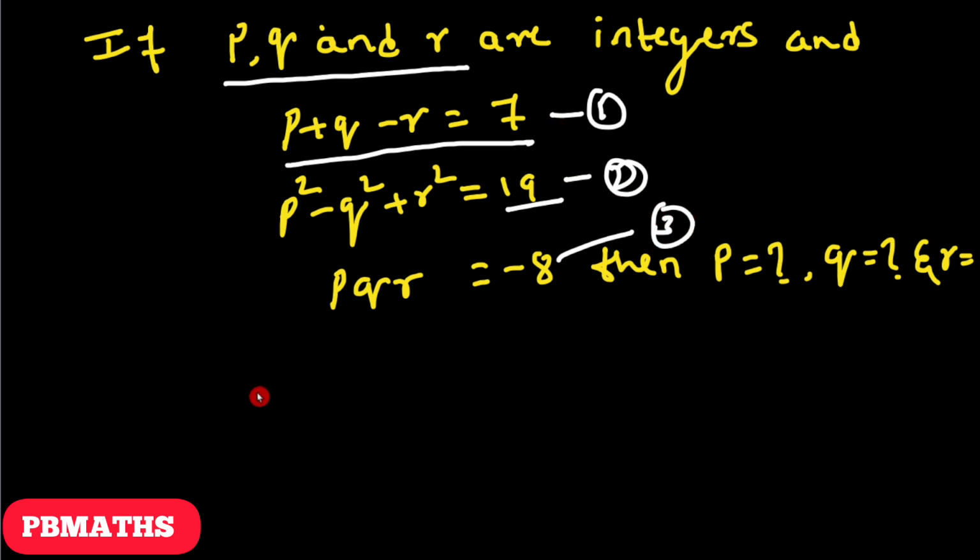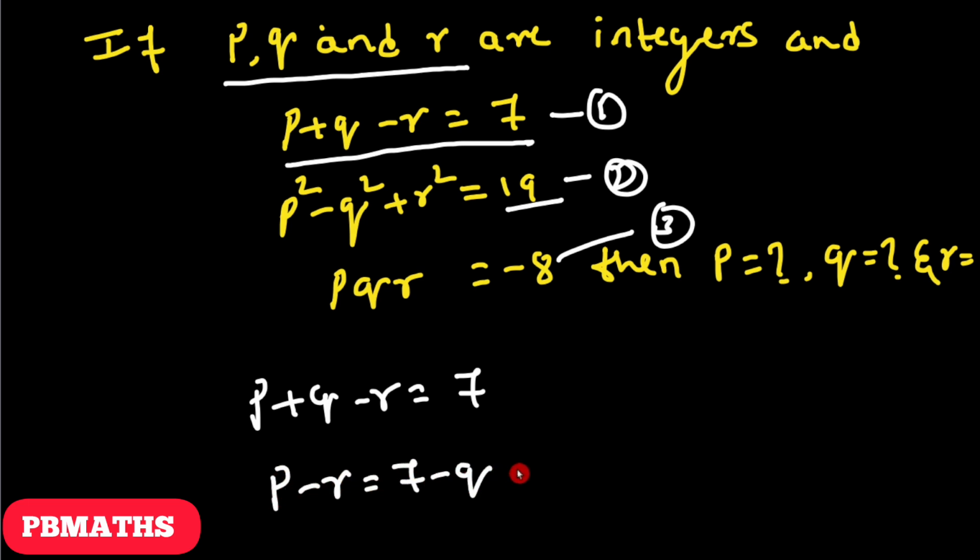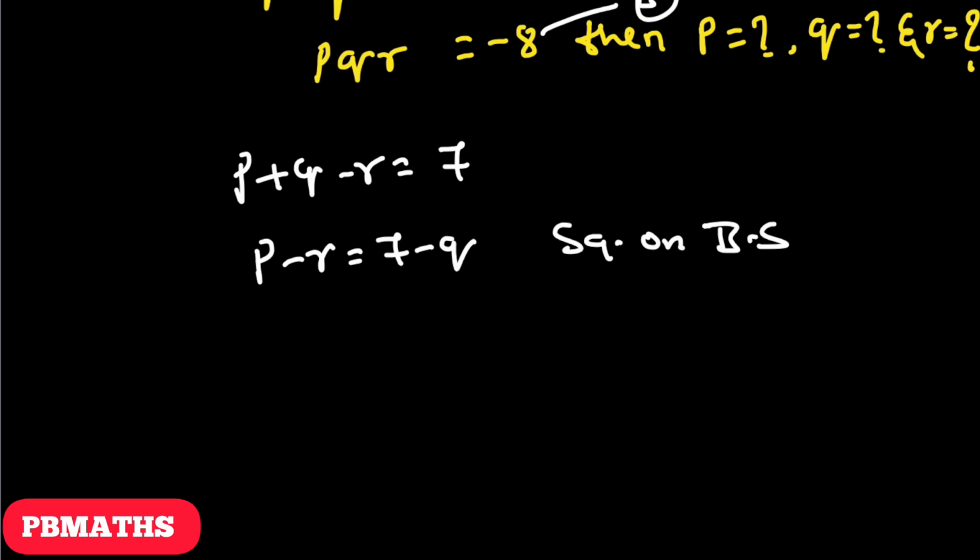Let's take the first equation, p plus q minus r equals 7, and shift that q to the other side of the equal. Then we have p minus r equals 7 minus q. Now let's square on both sides. Then we have (p minus r) whole square equals (7 minus q) whole square.